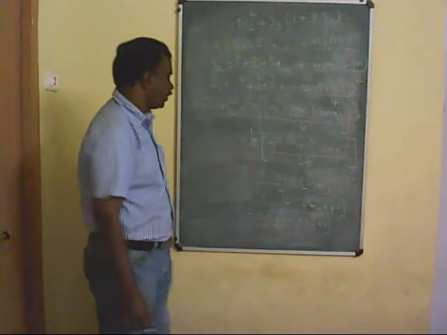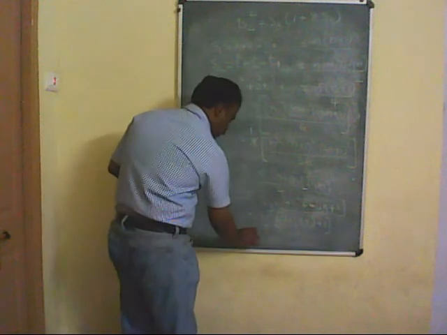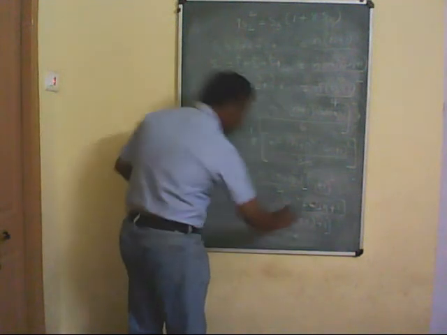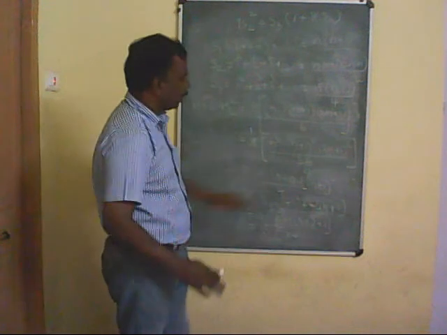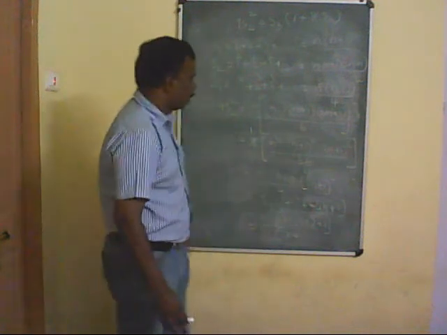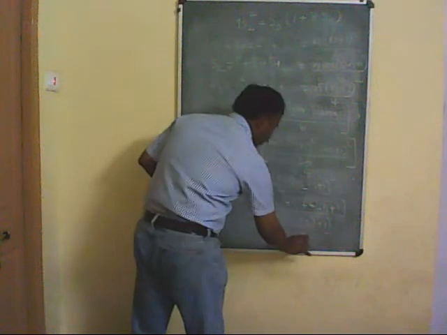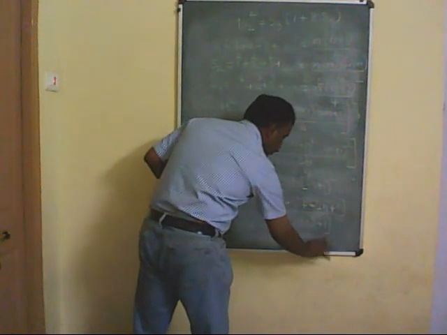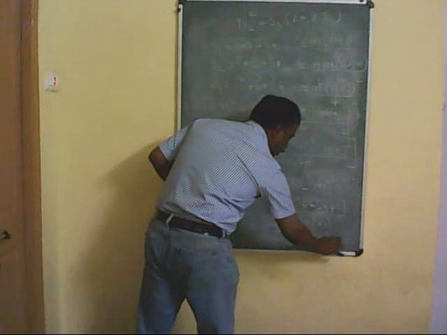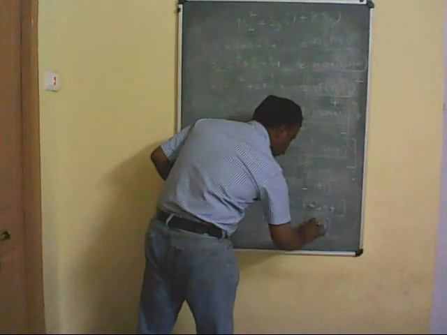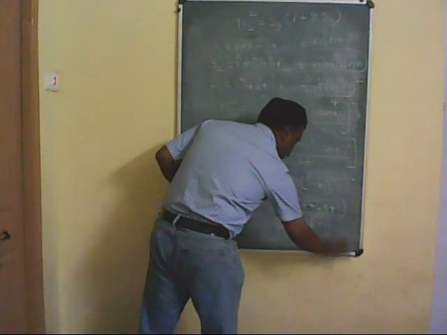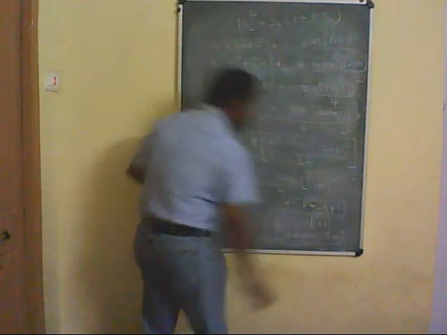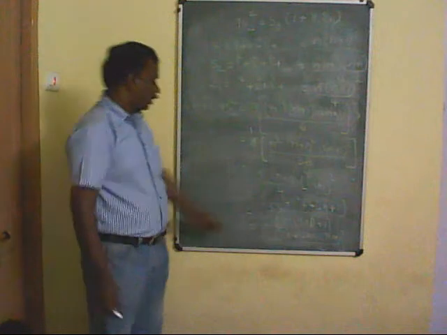If we write like this, S3 into 1 plus, and just checking the terms, 1 plus, this can be written as 4n into 2 into n plus 1. I am multiplying here by 2. If I write by 2, what will happen?